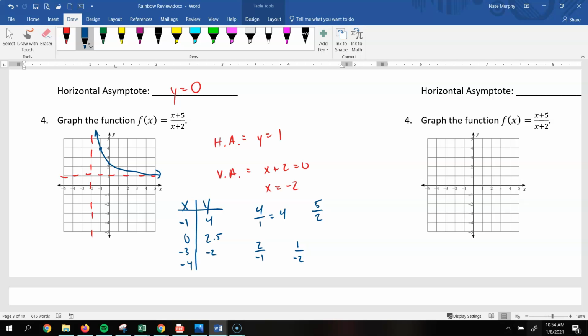So we get negative 1/2, negative 0.5. I'm going to graph those. When x is negative 3, y is negative 2, which would be right here. When x is negative 4, y is negative 1/2, which would be right about there. I'm just going to draw a line that goes through those points. So that would be a sketch. That's how we could sketch the graph for number 4.